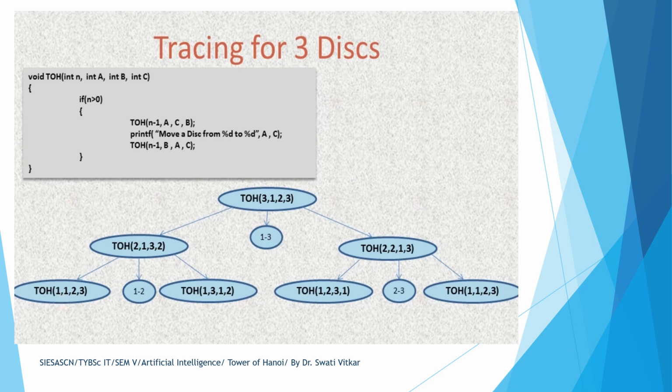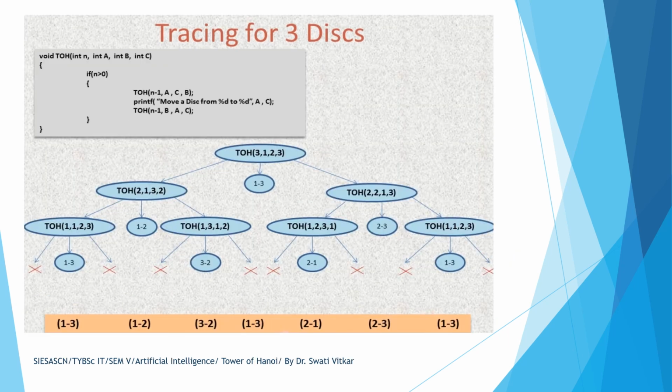And here we are printing the intermediate results in between. As only one disk is remaining, after that the disk count will become 0, and that is why the recursion terminates here. After n minus 1, 1 minus 1 becomes 0. So it terminates here.